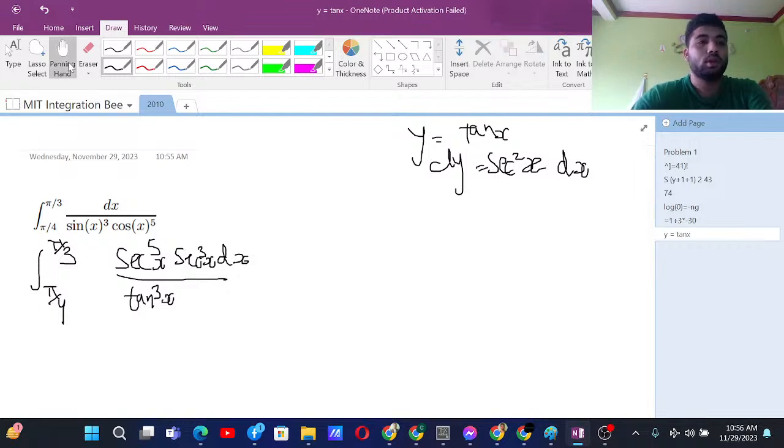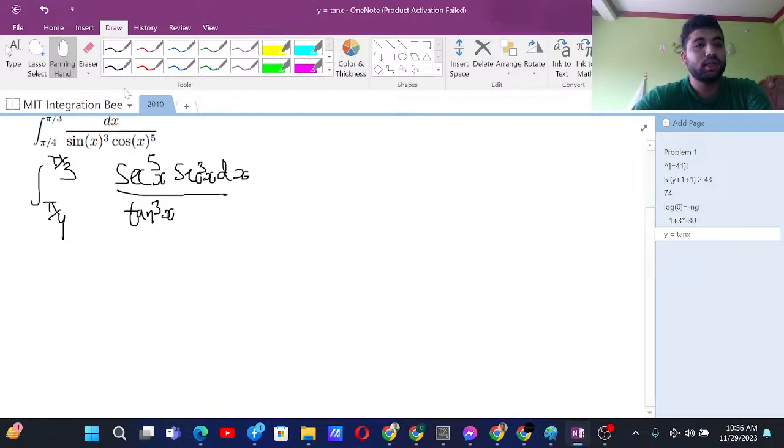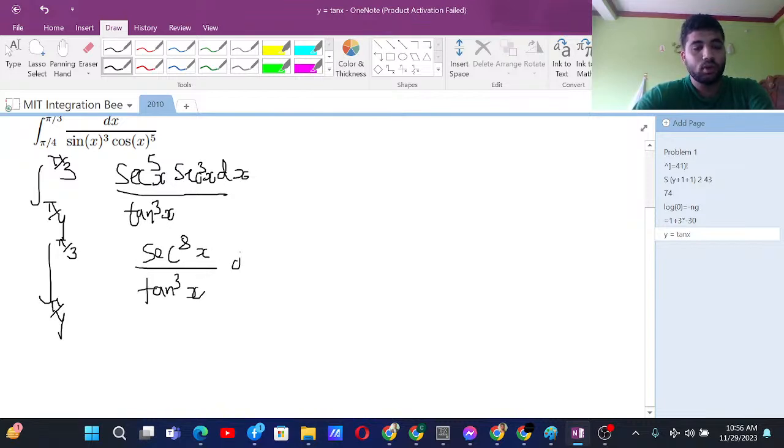Yeah. So this is how we change, and now we have the integral from pi by 4 to pi by 3 of sec to the power 8 x tan cube x dx. Now we know that sec square theta equals 1 plus tan square theta.